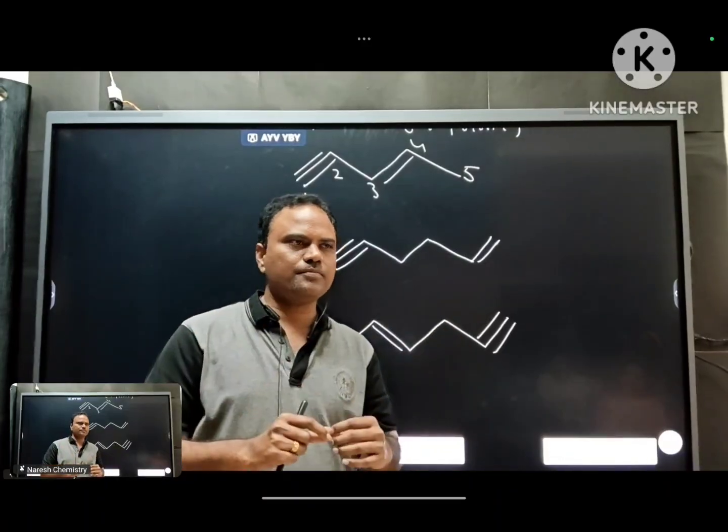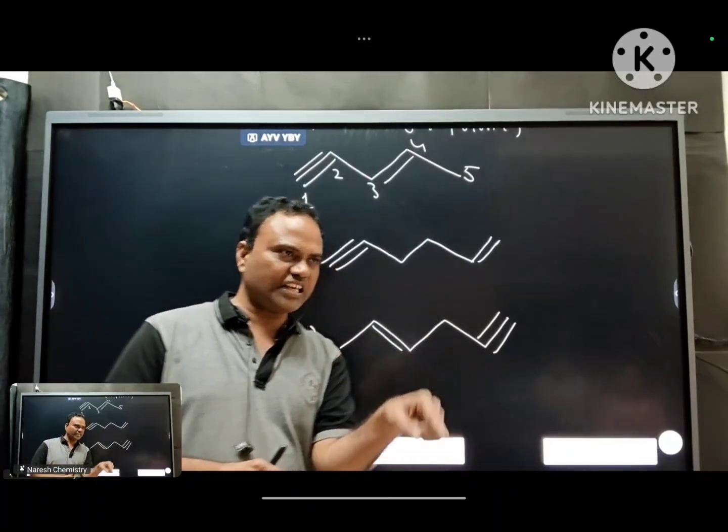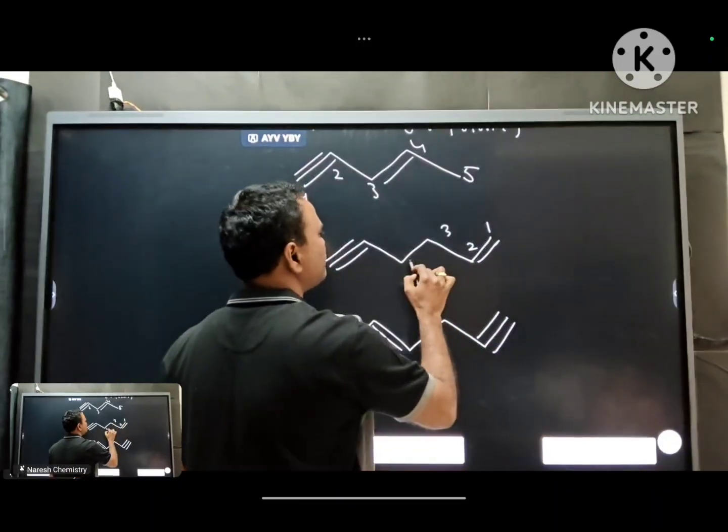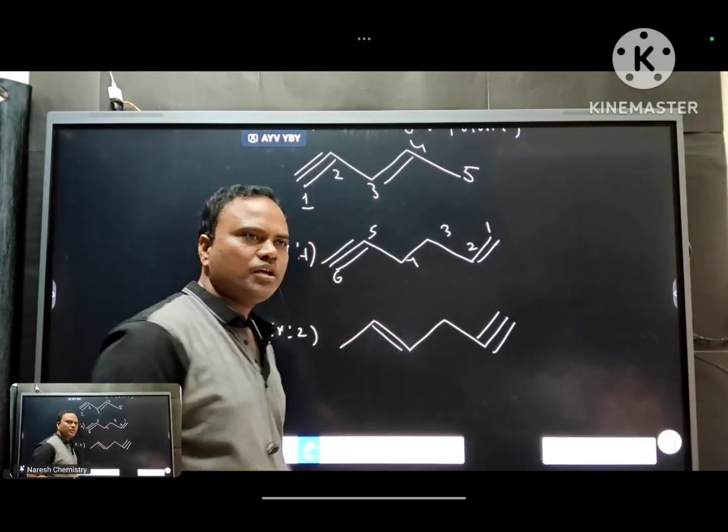Both are present at the ends. In that case, the double bond gets the priority. E letter comes first, then I in Y. So 1, 2, 3, 4, 5, 6.